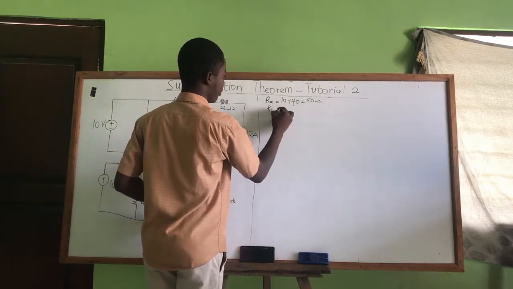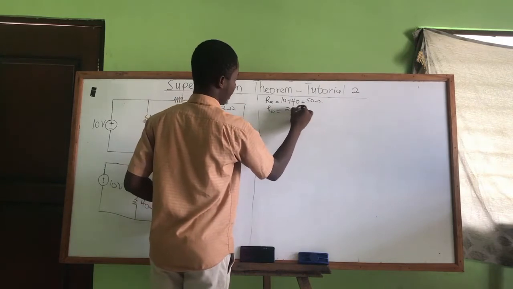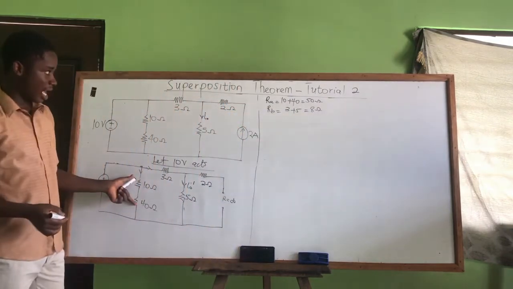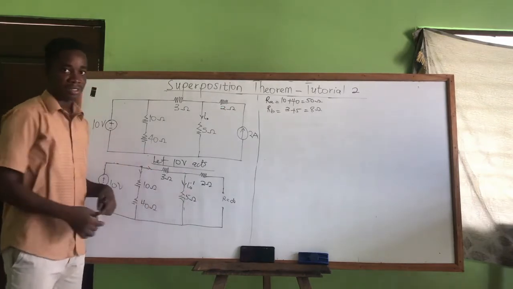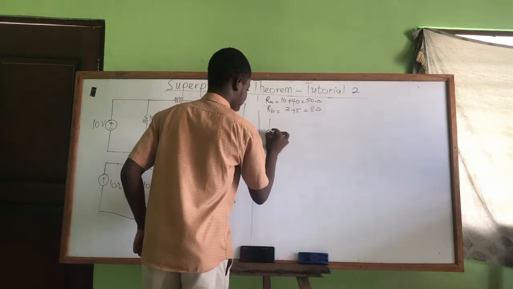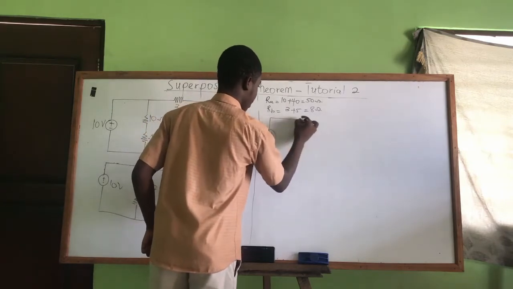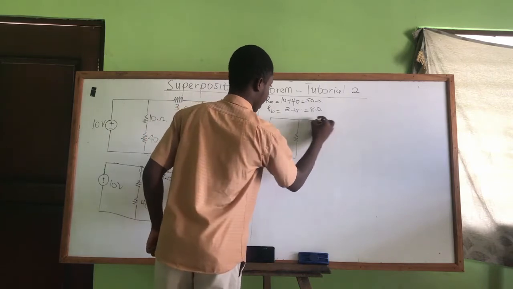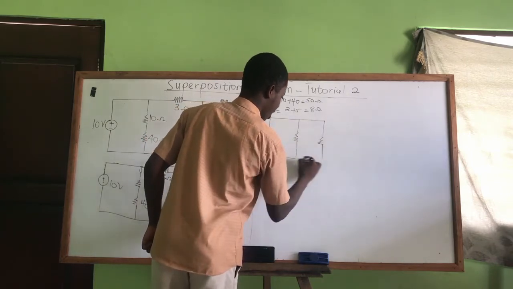Let me call RB to be the equivalent of 3 and 5, giving us what? 8. So the equivalent of this is RA, the equivalent of this is what? RB. So my circuit now looks like this. I have my voltage source, I have what? RA, and I have my what? RB.